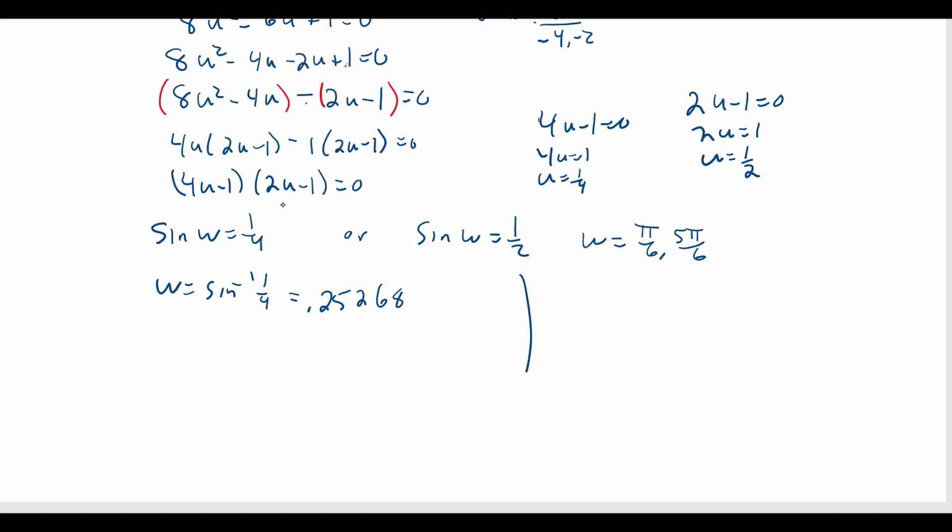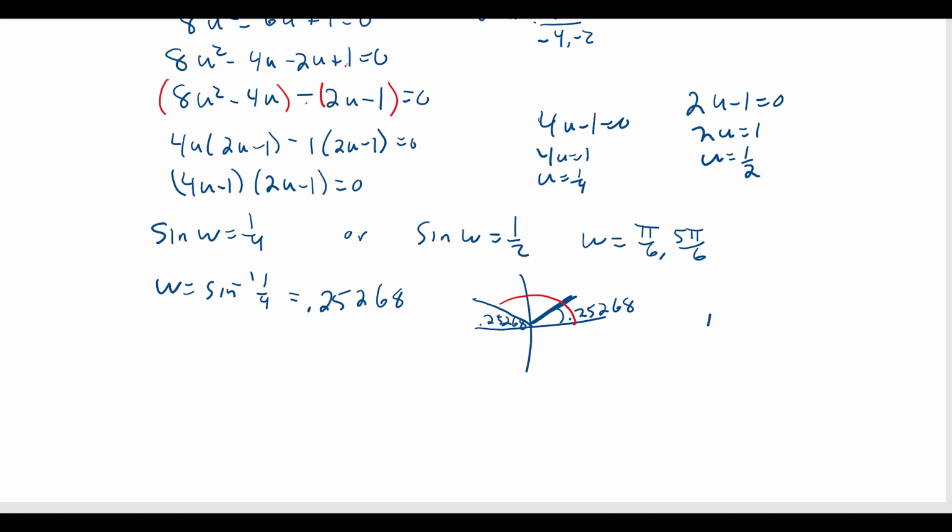Now that is talking about an angle here. If you round it to 3 places, it'd be 0.253. But that'd also be the reference angle over here, 0.25268. And so we would subtract from pi to get the rest of it.